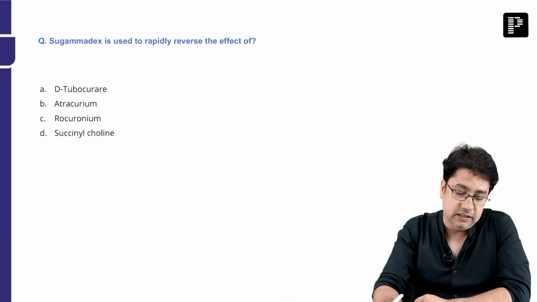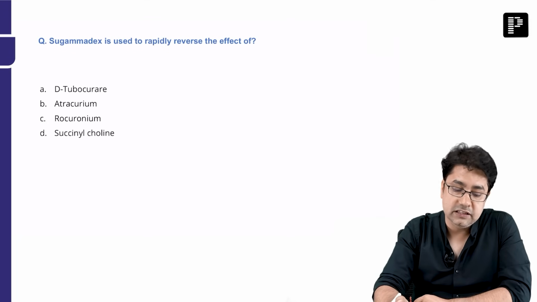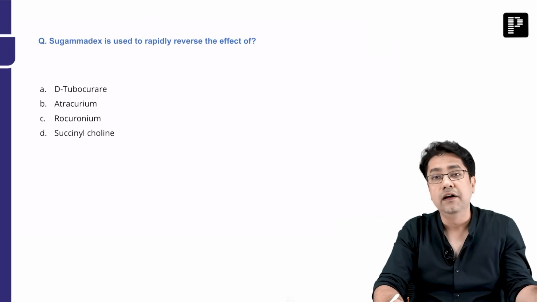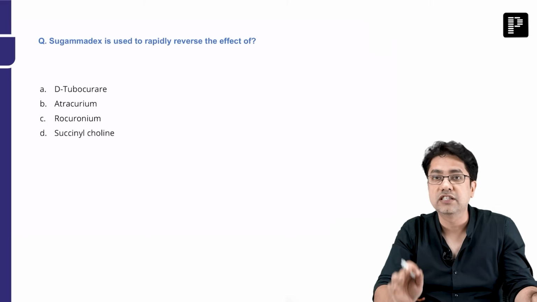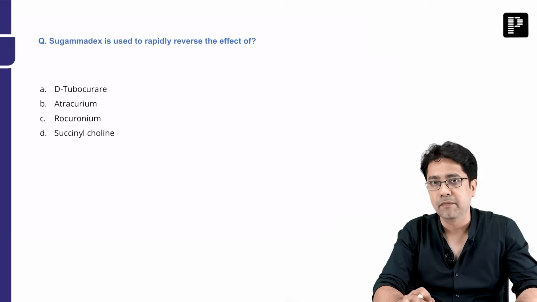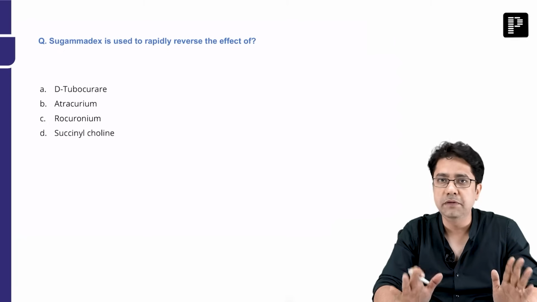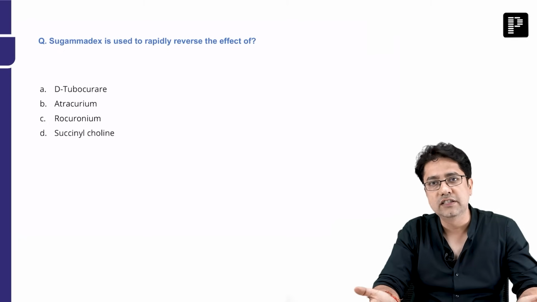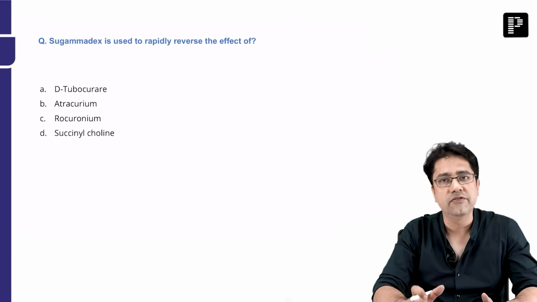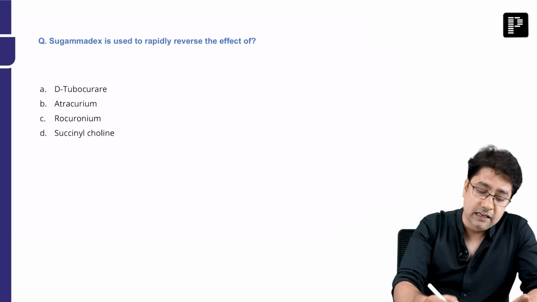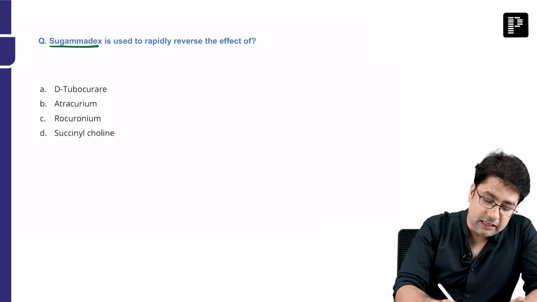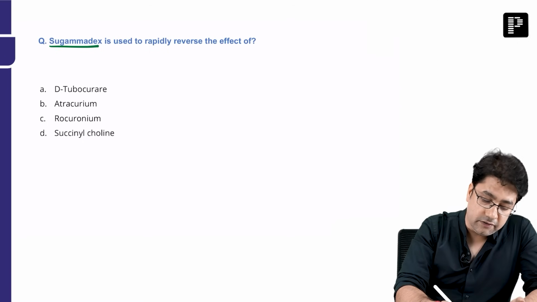Now the next question is, Sugammadex is used to rapidly reverse the effect of which skeletal muscle relaxant? Skeletal muscle relaxants are used during surgery so that the patient does not move, and after surgery we have to reverse the effect of the skeletal muscle relaxant. Sugammadex has been recently approved for the reversal of the effect of 2 skeletal muscle relaxants.